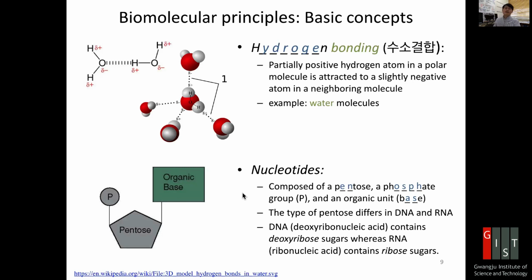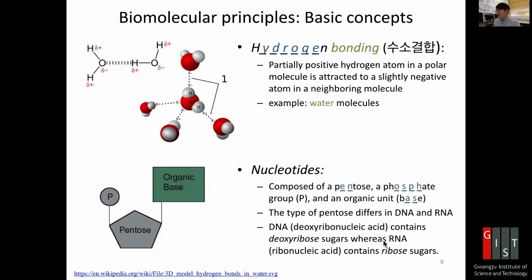And how are DNA and RNA different? From the structural aspect, the pentose sugar types are different, and that is reflected in their names. DNA stands for deoxyribonucleic acid, and of course contains deoxyribose sugar.